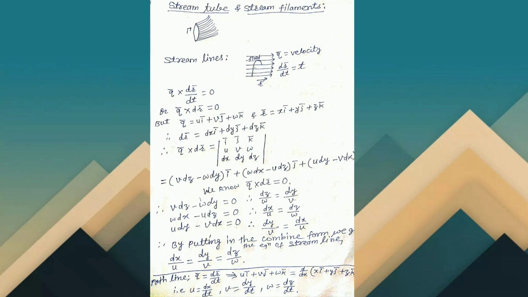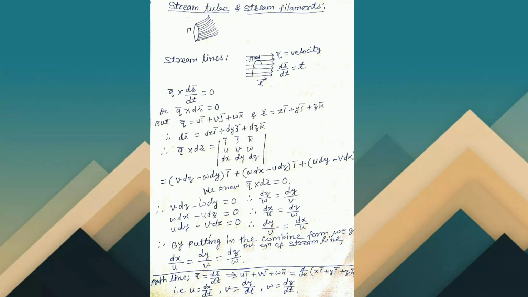Here q bar is the velocity of flux and t is equal to dr bar by dt is a tangential vector, when two vectors q and t are parallel. But q bar is u i bar plus v j bar plus w k bar and r bar is x i bar plus y j bar plus z k bar.